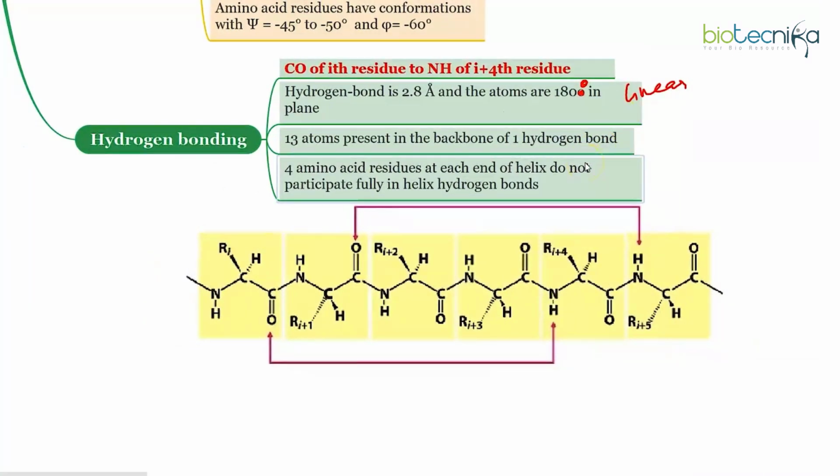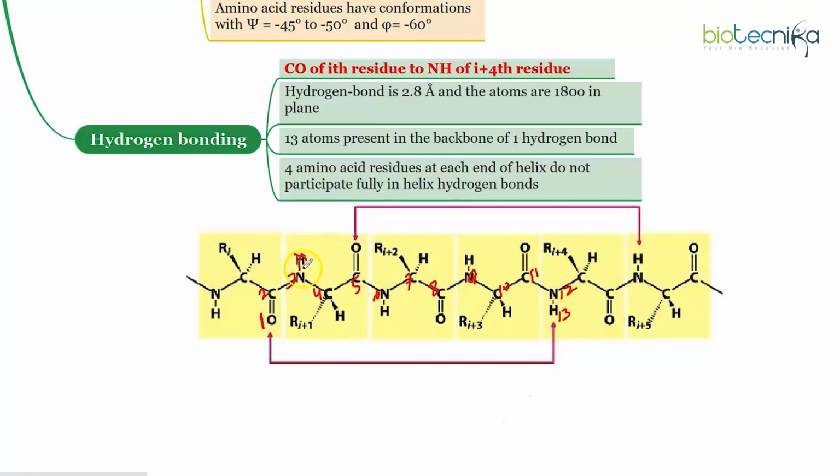Fine. There are 13 atoms present in the backbone of one hydrogen bond. Now what does that mean? If we start numbering from here, 1, 2, 3, only the atoms in the backbone, 4, 5, 6, 7, 8, 9, 10, 11, 12 and 13.